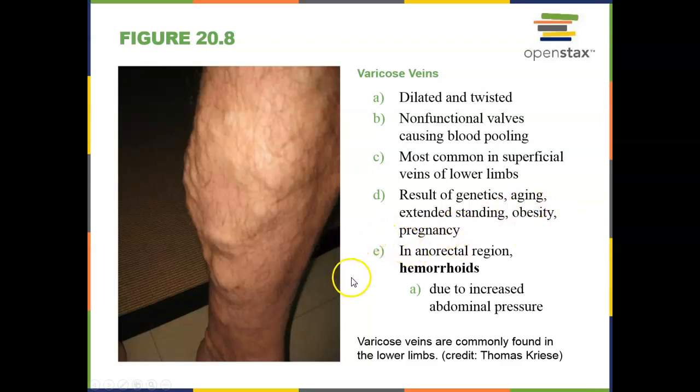A common varicose vein that a lot of people end up having are called hemorrhoids. So hemorrhoids are varicose veins in the anal region, and they're associated with pressure of the abdominal cavity.